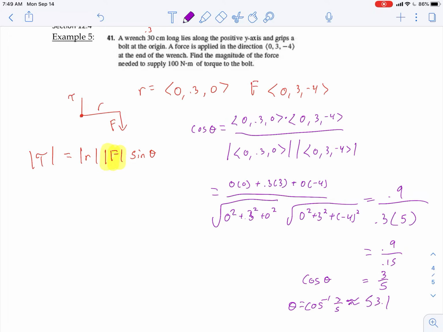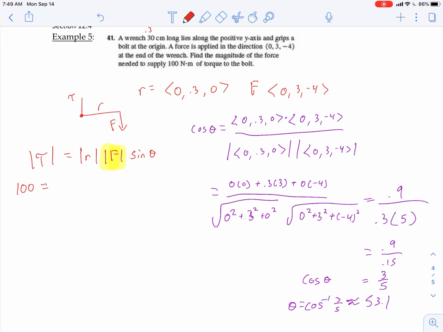And so now I'm going to plug everything in. So we have the magnitude of our tau, and that is 100. Let me change this color up a little bit so you know that I'm now coming back to here. So we have 100 newton-meters.